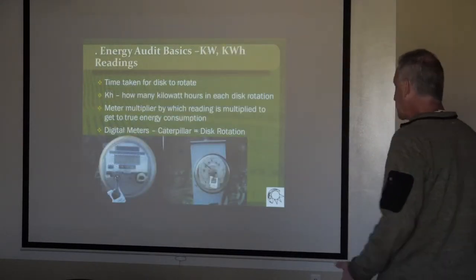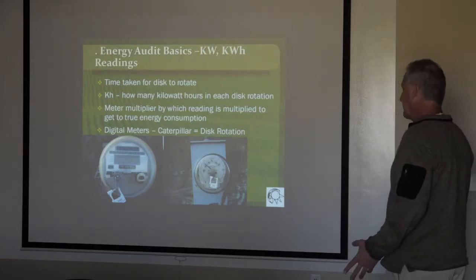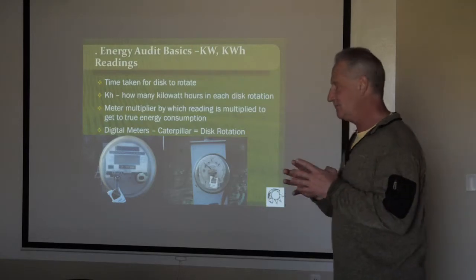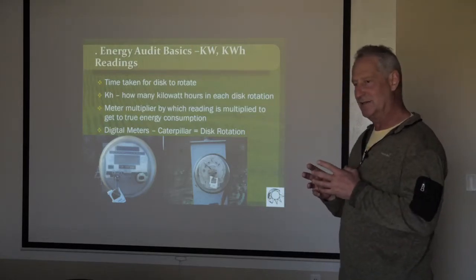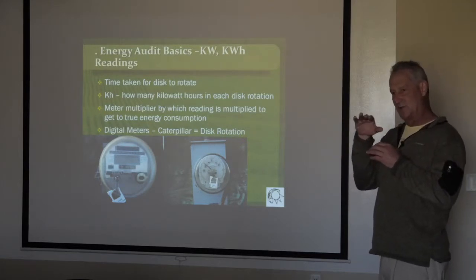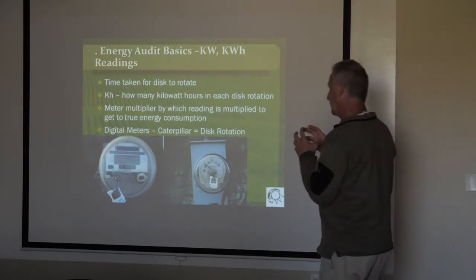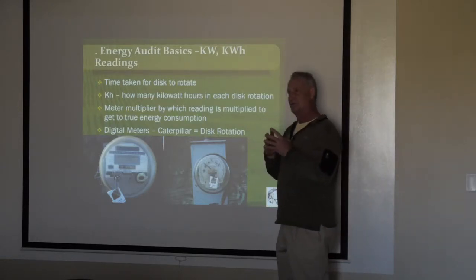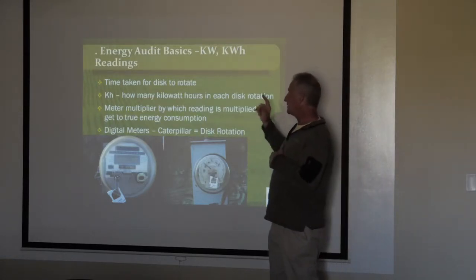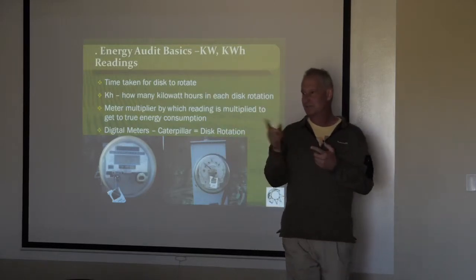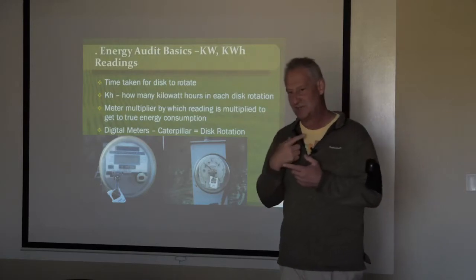Okay, so here are the meters. There are two kinds of meters, okay? One kind is a mechanical meter, and one kind is an electronic meter. The mechanical meter has a little disc, okay? The disc is rotating in the meter, and you can watch it. So when you're watching this disc rotate, you time how long it takes for the disc to rotate.